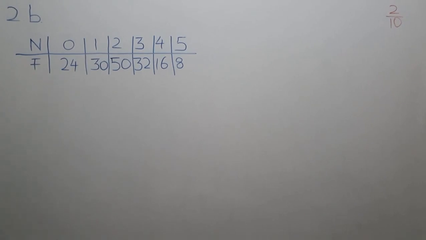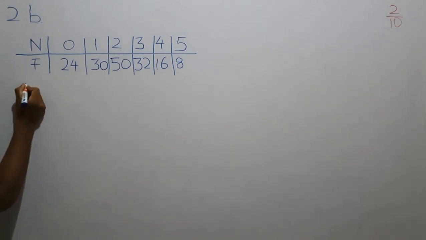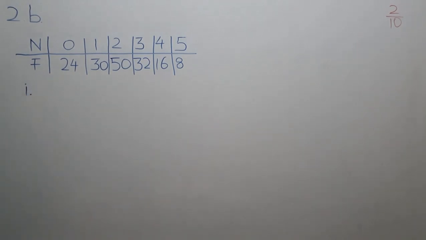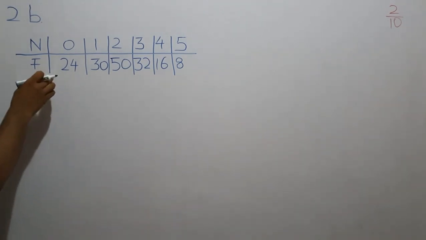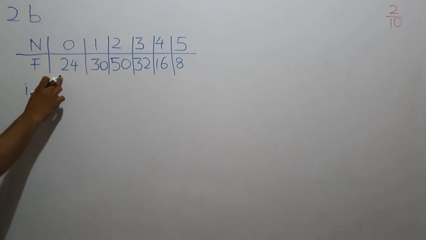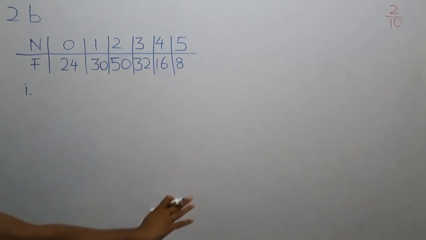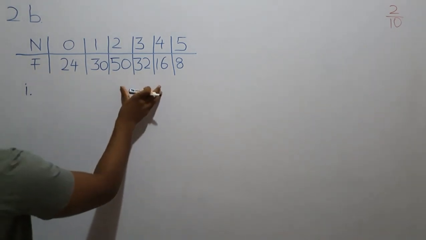So this is the table, number of errors and frequency. Calculate the mean. Now when calculating the mean, you should multiply the number of errors into the frequency and divide it by the total frequency. That is how to calculate the mean when a table like this is given.